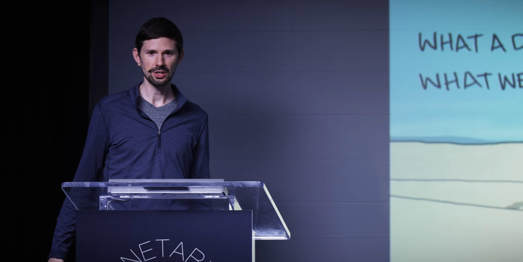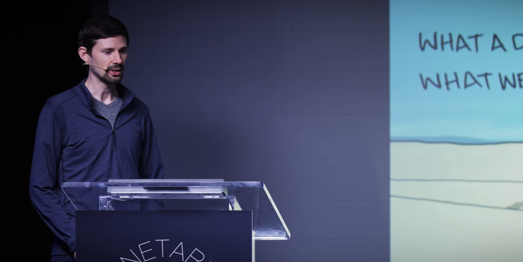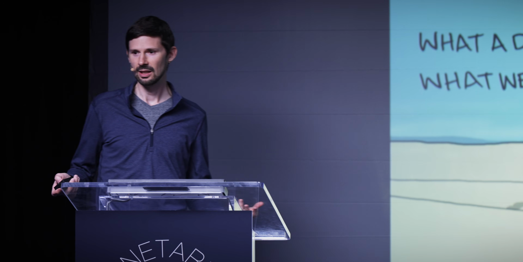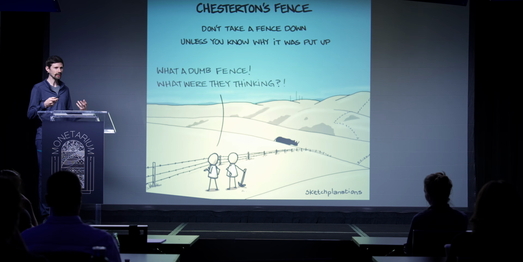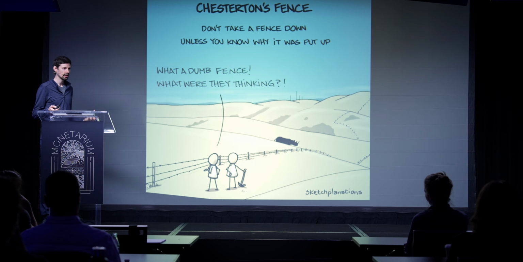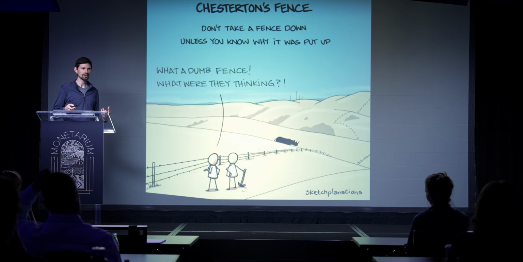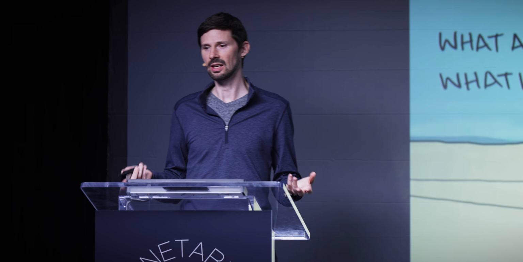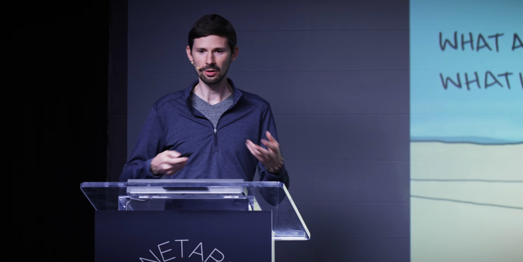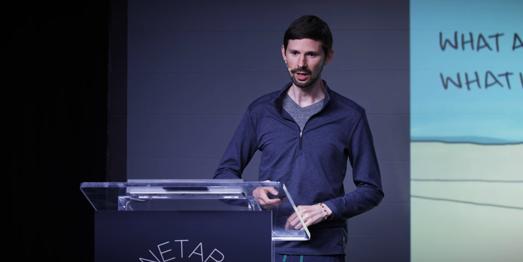And the general idea with Chesterton's fence is that you should not take a fence down until you know why it was put up in the first place, right? And in a way, because we're just diving in, we don't necessarily understand the current system in very much detail. We don't understand the current fence. So we shouldn't try to take it down because in a way we don't know why it was put up, if you see what I'm saying.